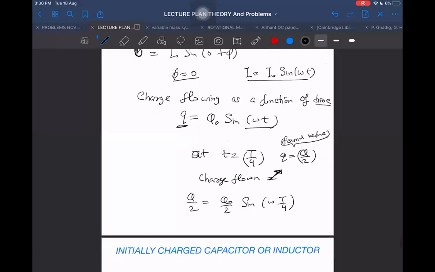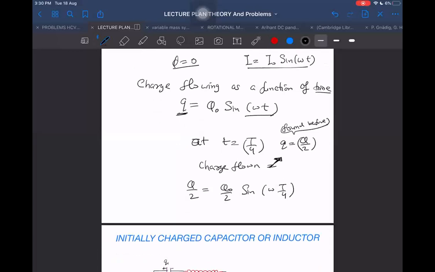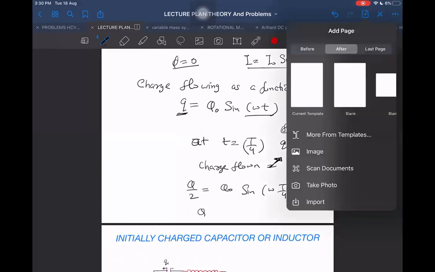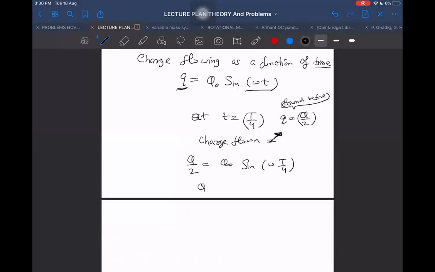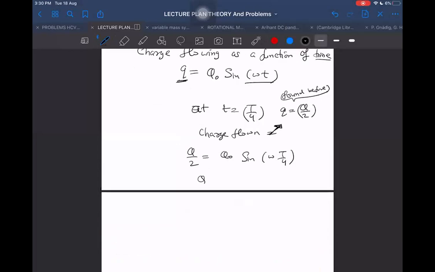What do we get from here? I think not Q0/2. Why am I writing by 2 here? There will be a phase of phi, sir. There will be a phase change, sir. What I was saying, phase change of pi.